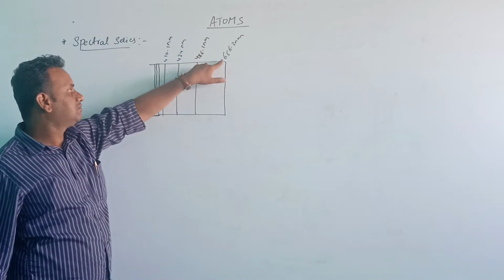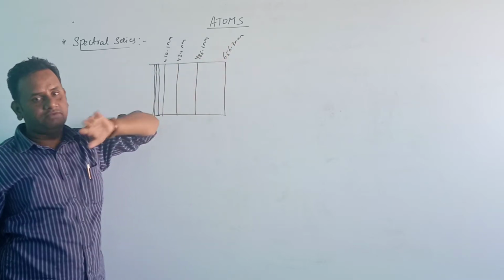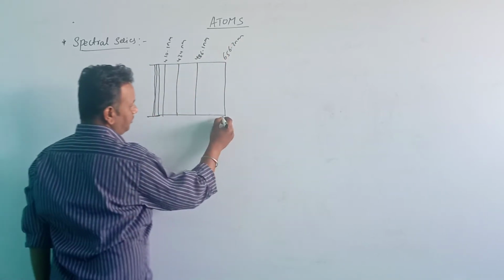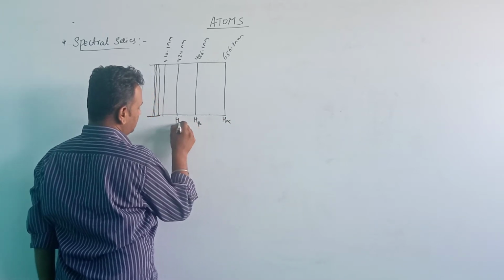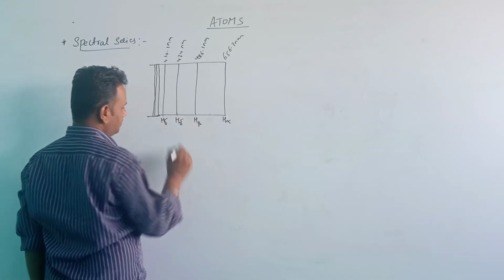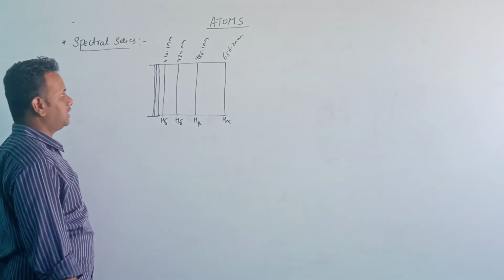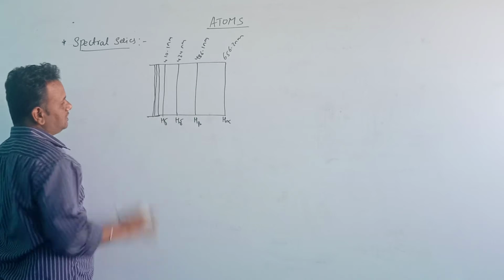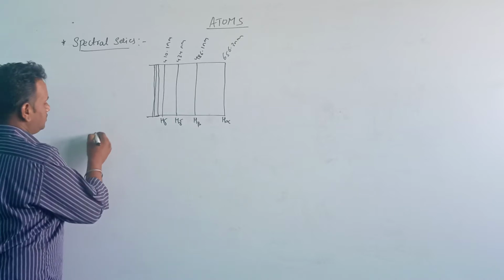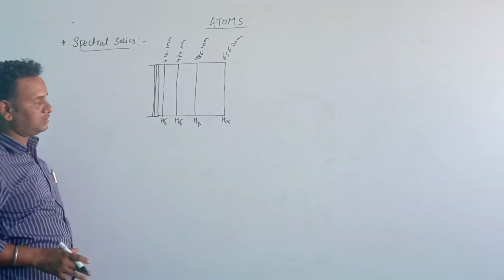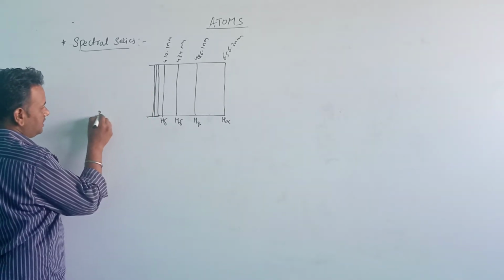Now the first series, having a wavelength of 656.3 nanometer, is red in color. We denote the lines as H alpha, H beta, H gamma, H delta. This hydrogen spectrum has spectral lines in decreasing order of wavelength. This was the first series, which is called the Balmer series.